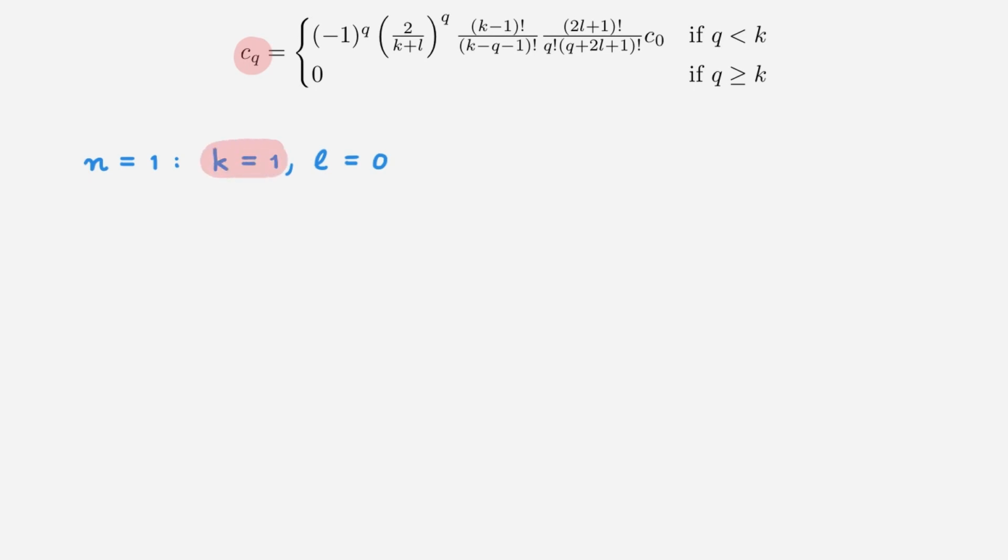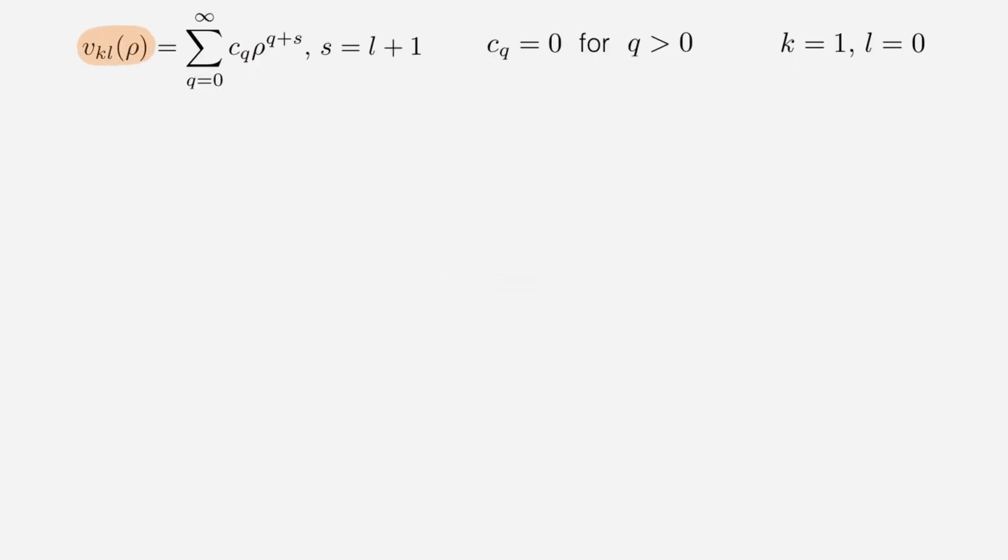And as k equals 1 and the expansion coefficients vanish for any q larger than or equal to k as shown here, then we can conclude that the only non-zero expansion coefficient is c0. To put it another way, the ground state eigenfunctions have a single term in the power series expansion.